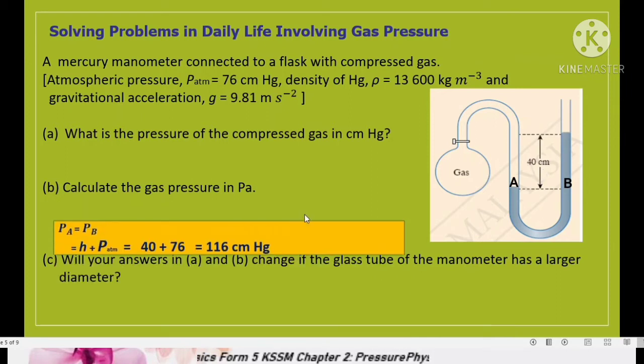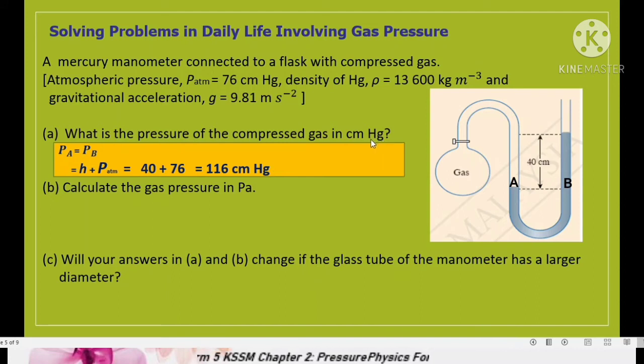Thus, the pressure of the compressed gas in cm mercury equals h plus atmospheric pressure, meaning 40 plus 76. You can add directly, because this one is mercury, and the unit for atmospheric pressure is also cm mercury. So we can just straight away total up: 40 plus 76.